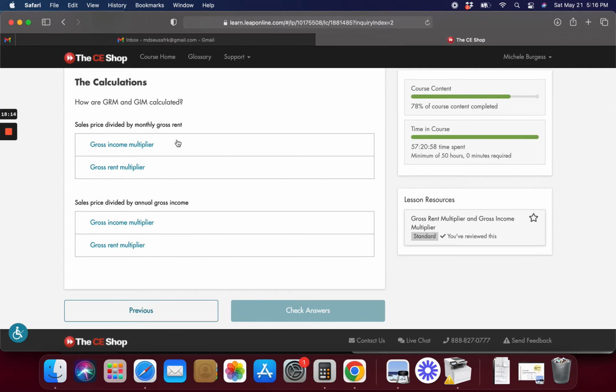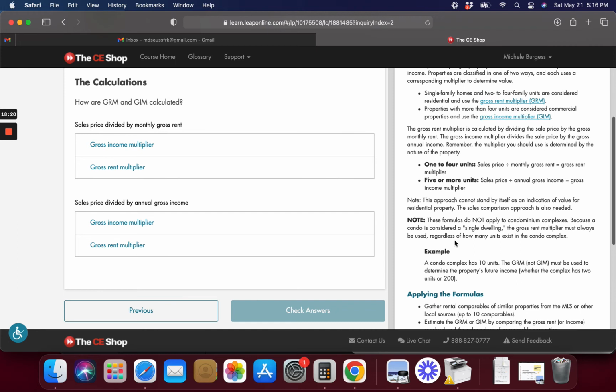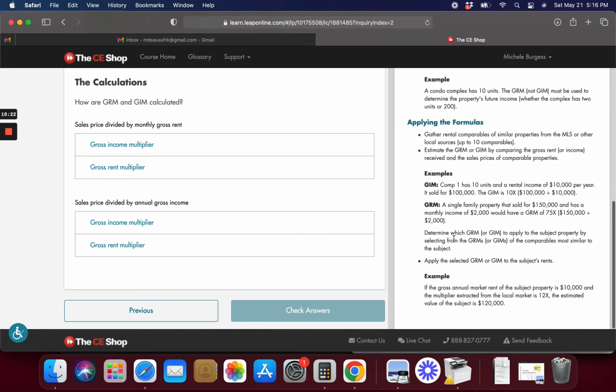Okay, sales price divided by monthly gross rent. Okay, we're deciding what formula we're using again. Annual gross income. It doesn't say.